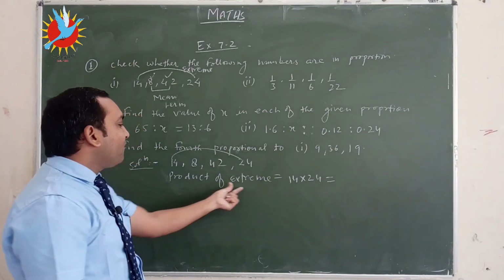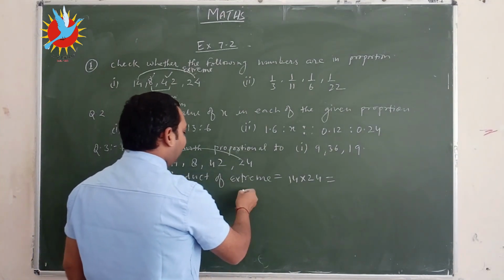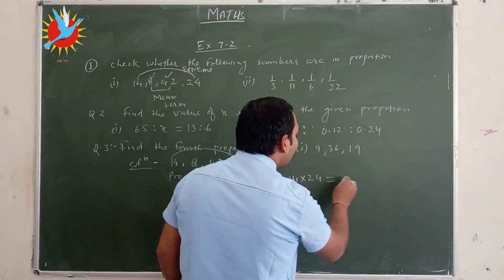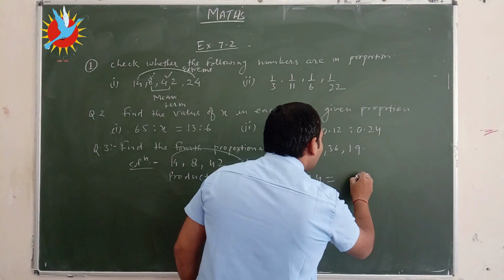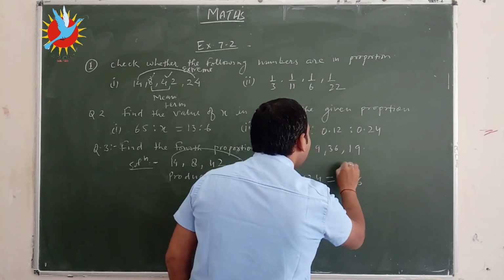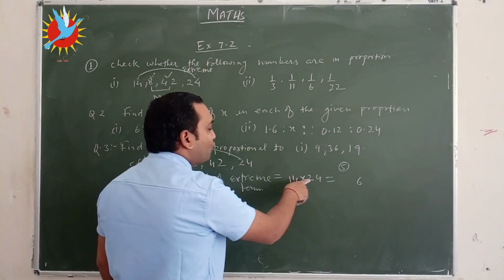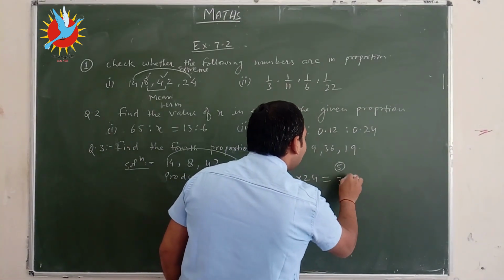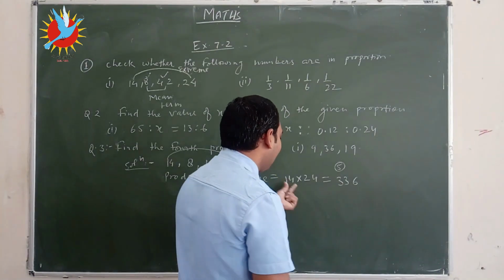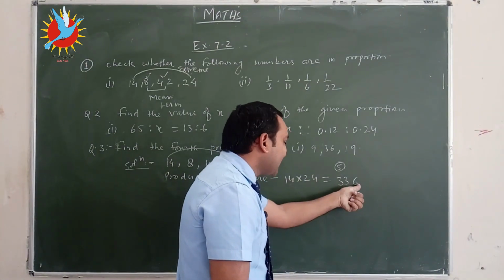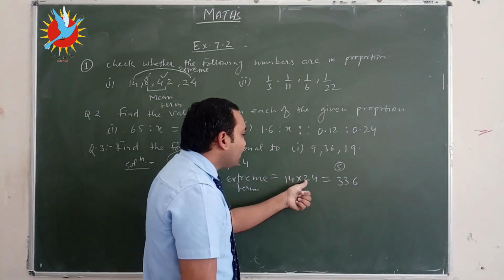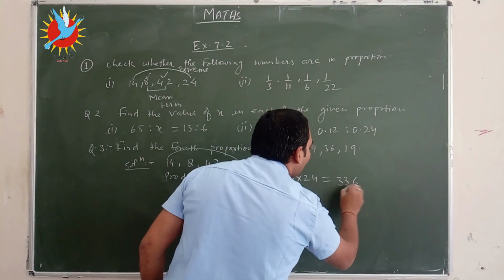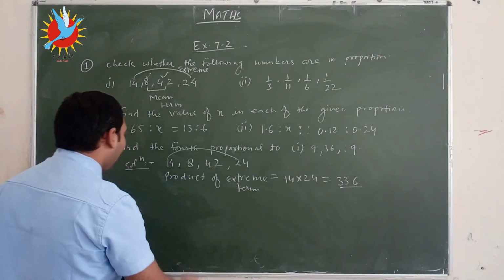This is the product of the extreme terms. 14 times 4 is 56, carry 5, 14 times 2 is 28 and 5 is 33. So 336, this is the product of the extreme terms.